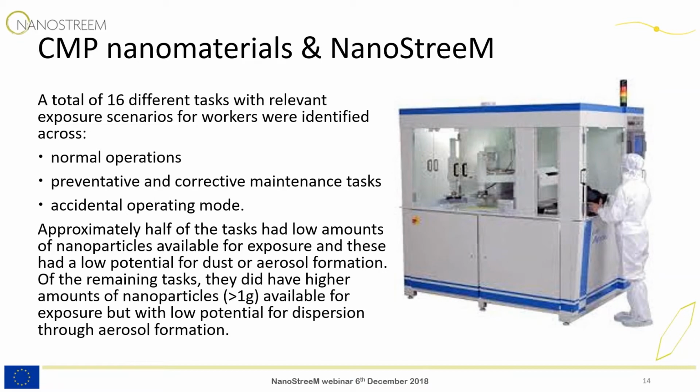And those that did have availability for exposure had a low potential for dust or aerosol formation. So again, we're looking at how a worker could inhale these nanomaterials. From a worker exposure perspective, the risk assessments that were conducted were found to be of low concern.